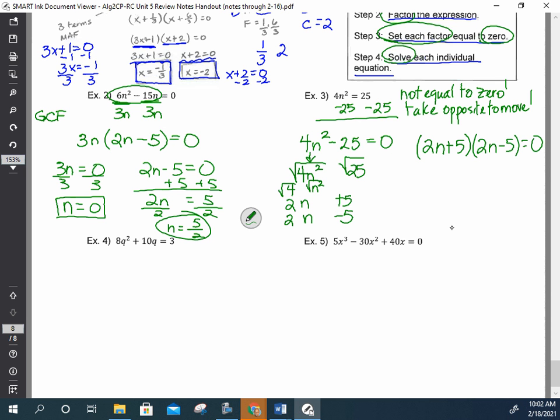Let's keep it moving. 2n plus 5, 2n minus 5. Now we split the problem apart. Solve each of the two equations. So subtract 5 on both sides. Divide by 2. So that equals negative 5 over 2.